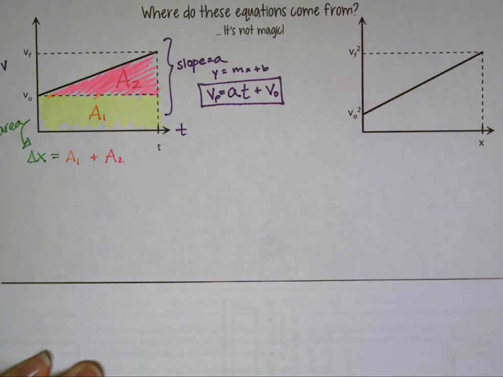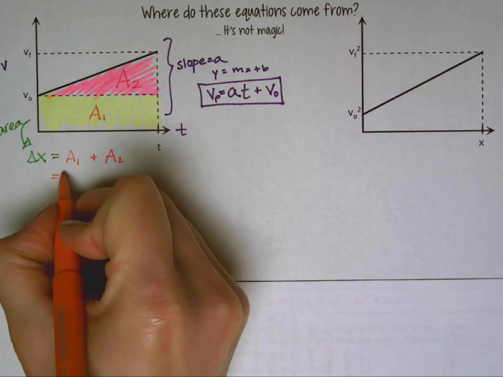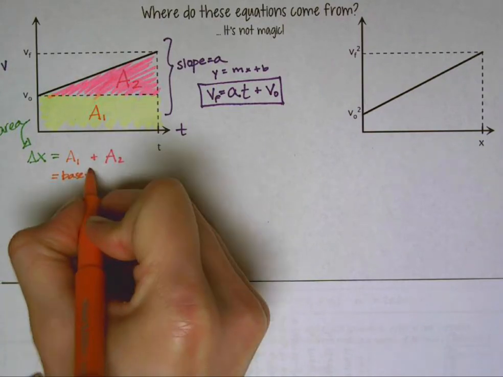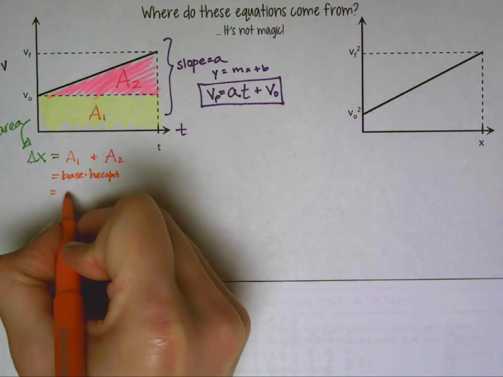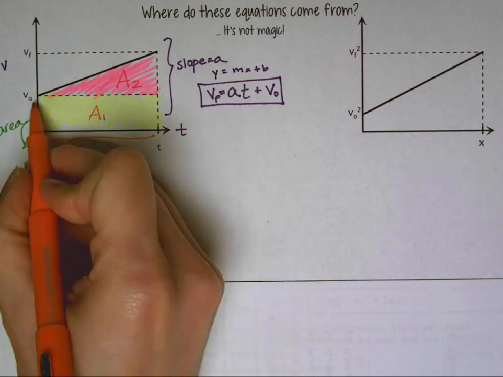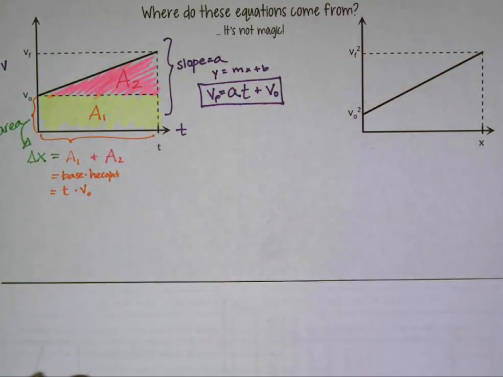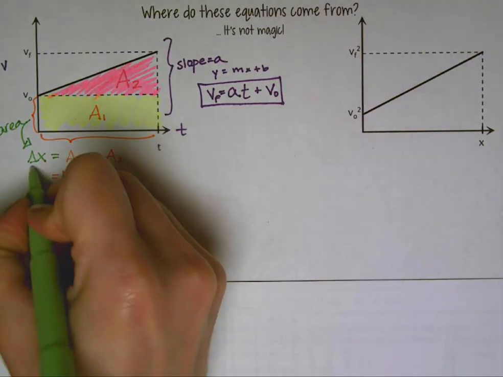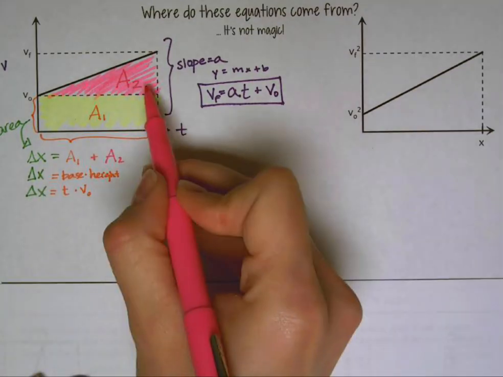Now remember, area 1 is a rectangle, so displacement is going to be equal to base times height. For this particular one, a base of t times a height of v naught. That's for our yellow highlighted portion, and yes, this is still displacement. The second area is a triangle.